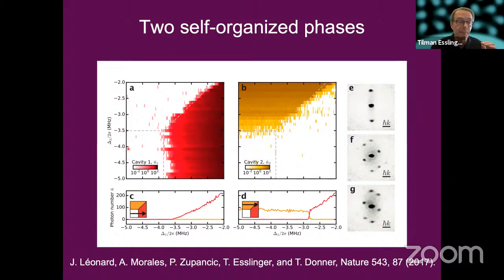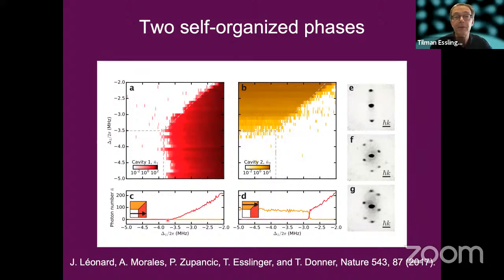And these plots are done in the following way. The light field is ramped up in intensity, and cavity 2 is at a given detuning, and then you change the detuning of the other cavity, and that's shown here, and you measure all the time what the photon field is in one or the other cavity. In one cavity it's red, in the other cavity it's orange.